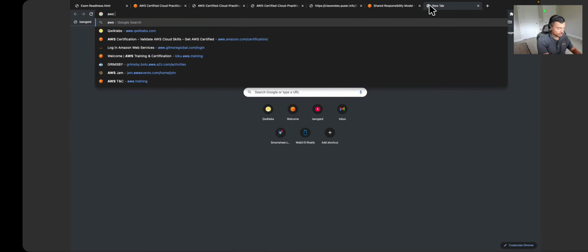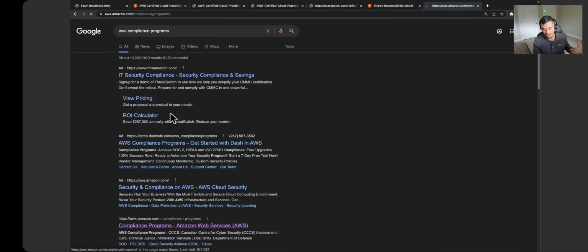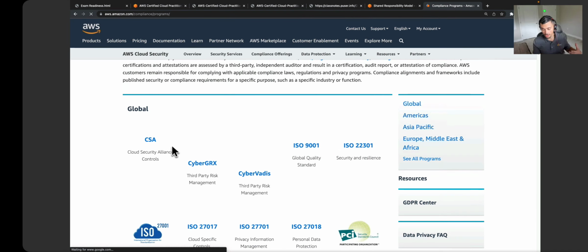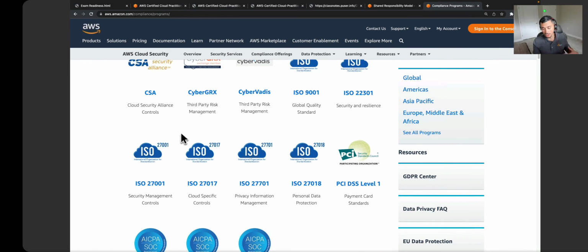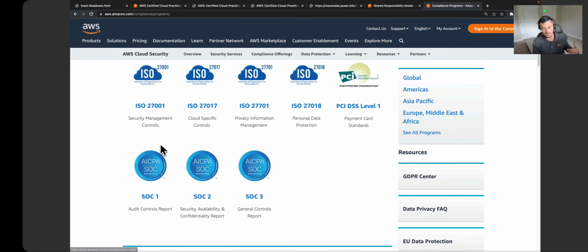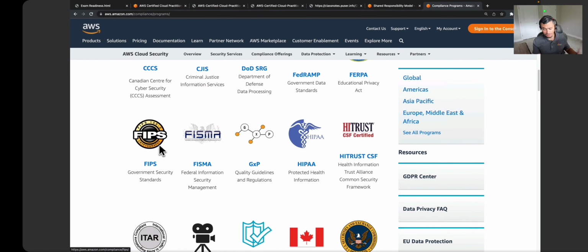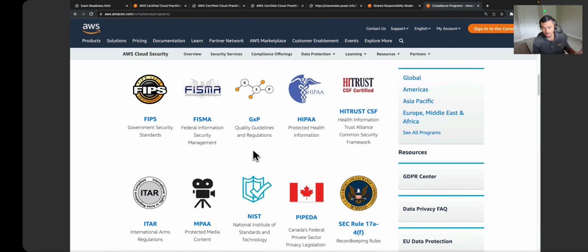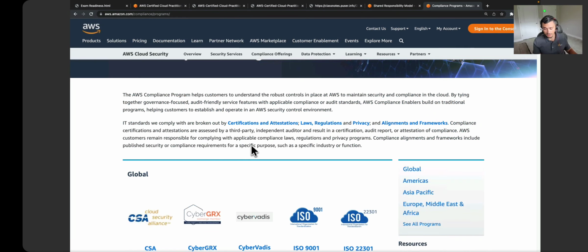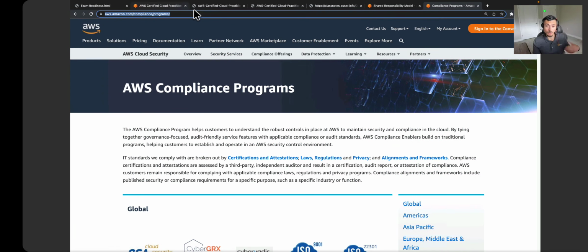Also, there's AWS compliance programs, so you can look into the different compliance programs that AWS supports, things like GDPR, ISO, SOC, HIPAA, right? Different compliance programs that AWS is audited against for different services that we offer.